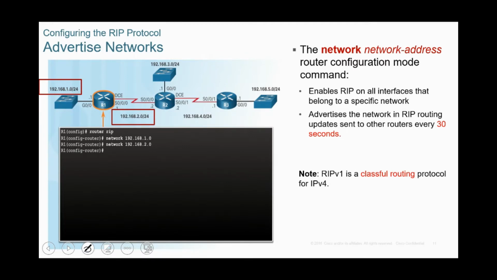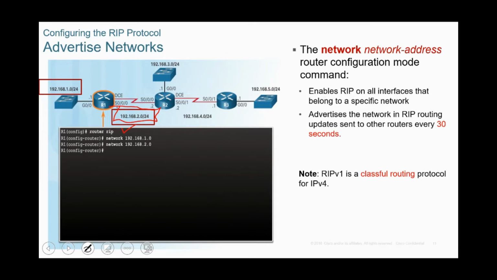Now, for example, here you are in router R1. So R1 is directly connected to 192.168.1.0, and R1 is also directly connected to 192.168.2.0. So when you configure the router for RIP, you can just activate router RIP.